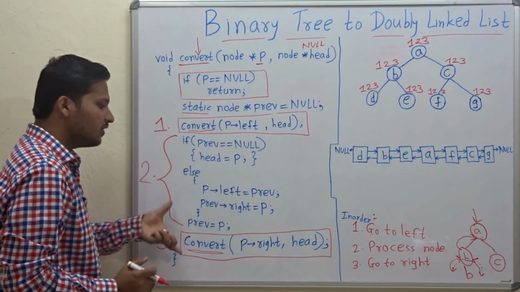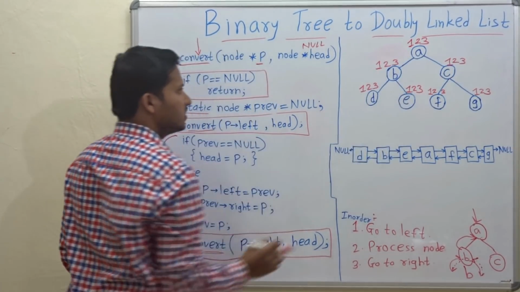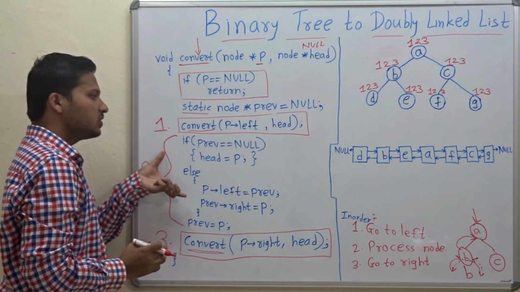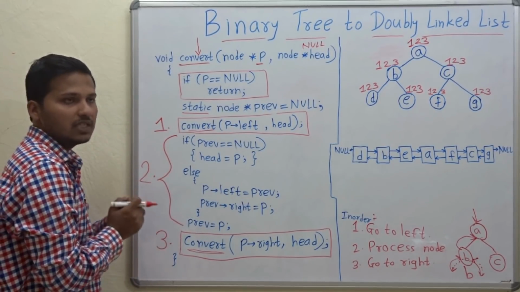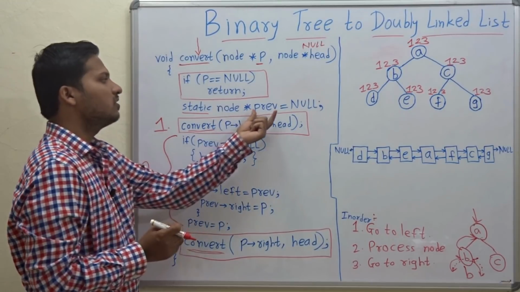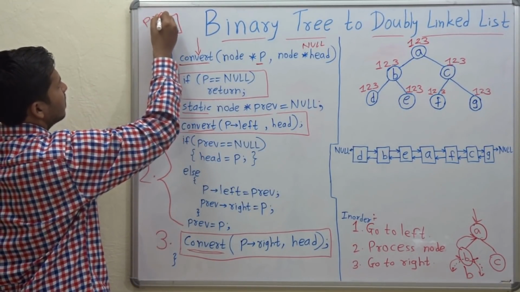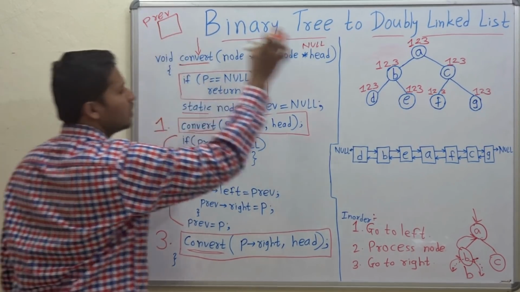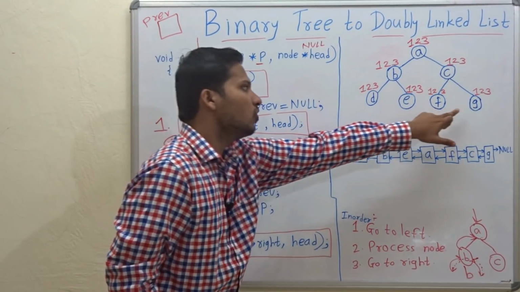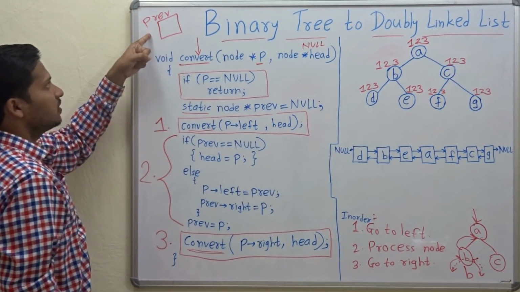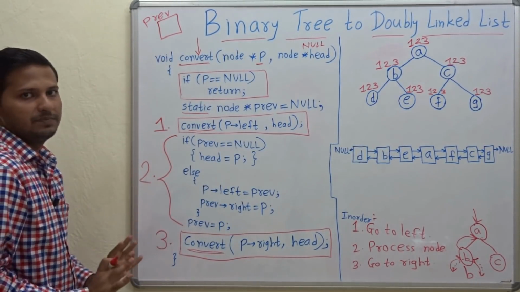For other variables, every node in this recursion tree is going to get copies, meaning there will be multiple copies of the other variables, but for previous, there will be a single copy for the whole recursion tree. If any node updates that variable, then the update directly occurs in that single copy.